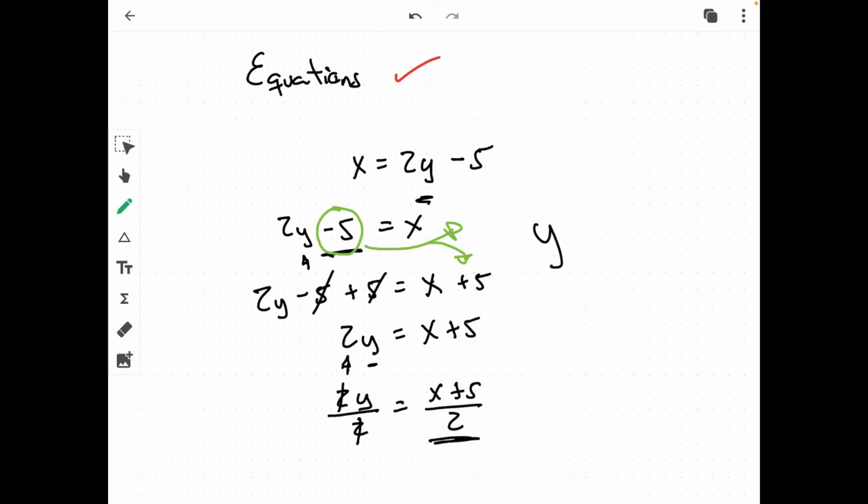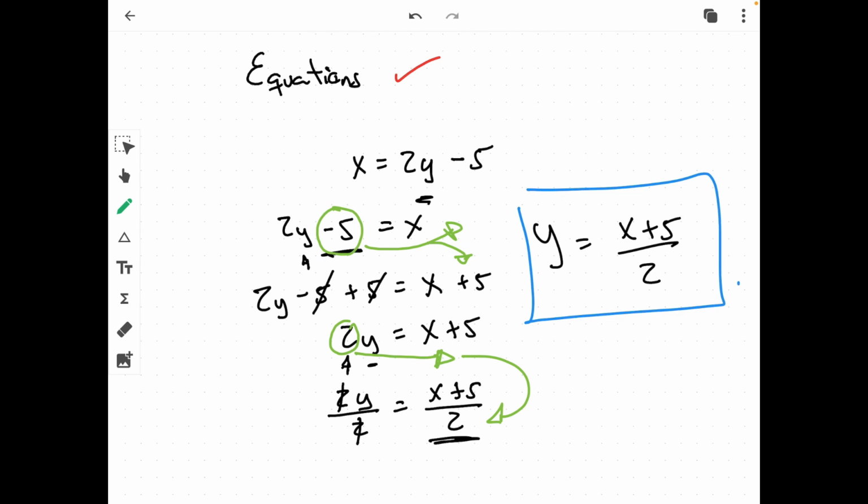So this means that y is equal to x plus 5 divided by 2. In the old fashion we learned it, we could say that this 2 is multiplying y, and we put it on the other side as a division. And that's exactly what we have done here. And with this in mind, we have our final result.